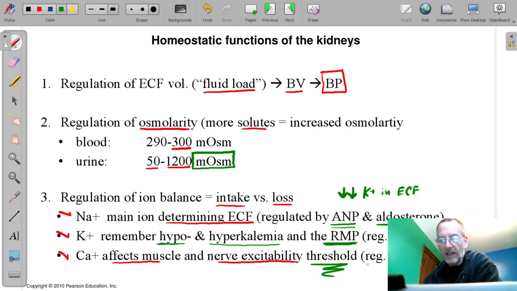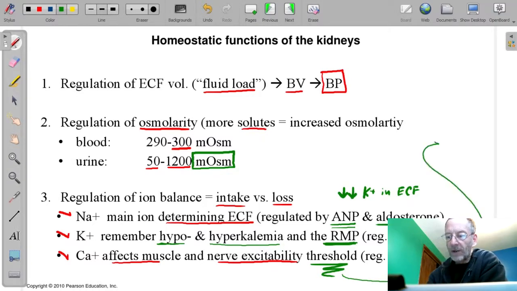So if I can draw this in, just to remind you what we're talking about with a threshold.